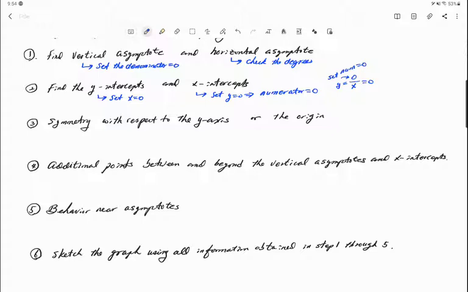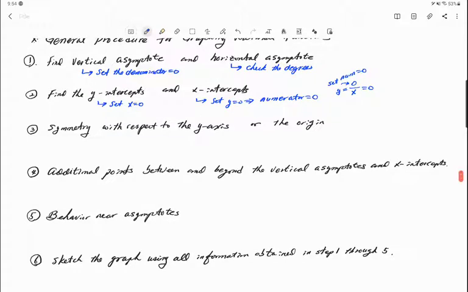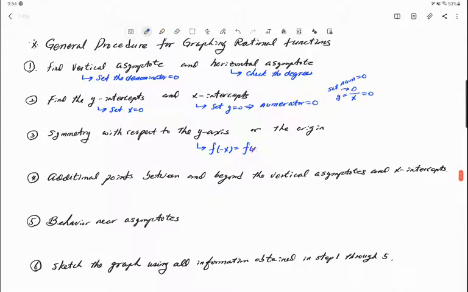All right, also check its symmetry. The function is symmetric with respect to the y-axis or the origin. To check the y-axis, when x is plugged in with a negative sign, we always get the same y value. If it satisfies this, then the graph is symmetric with respect to the y-axis.